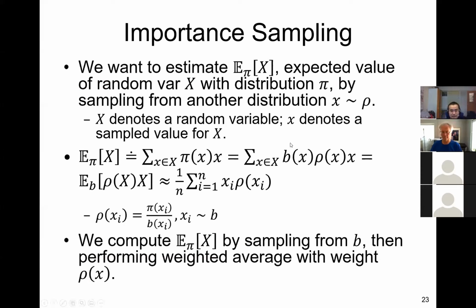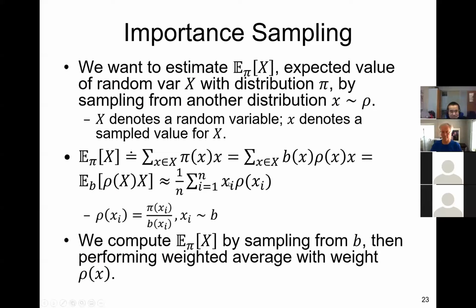Then you can define rho as pi(xi) over b(xi) for each xi, and the sum is equal to the sum of b times rho times x. You can convert it into an expectation over the distribution b of rho times x, which can be evaluated by drawing samples from the distribution B, the behavior policy.